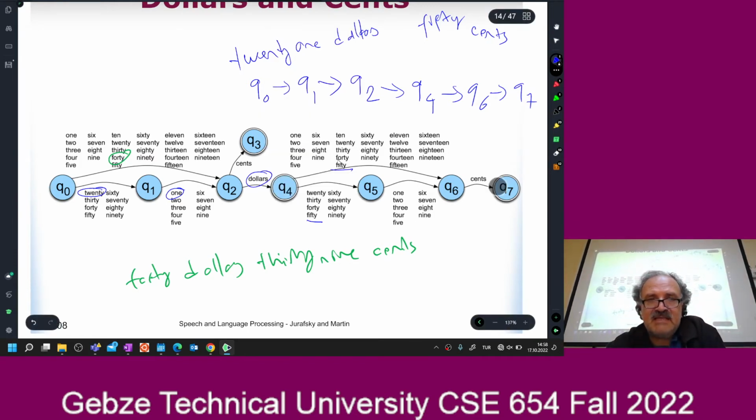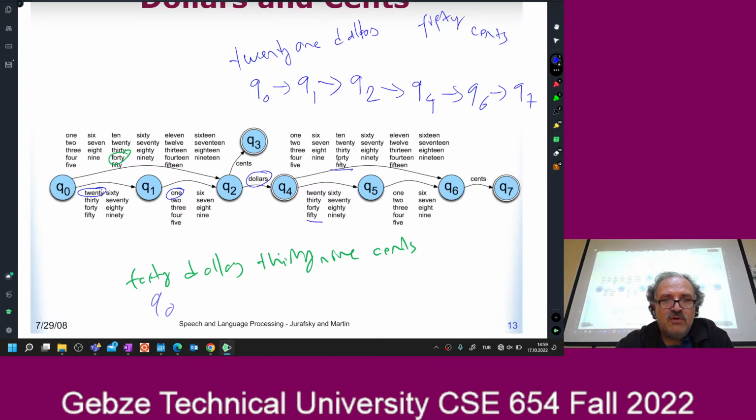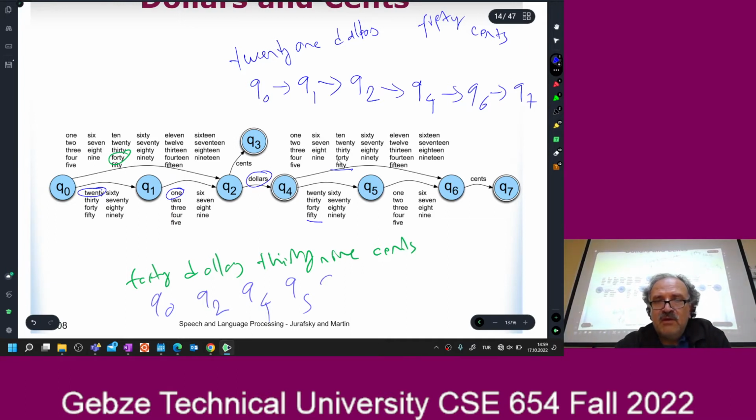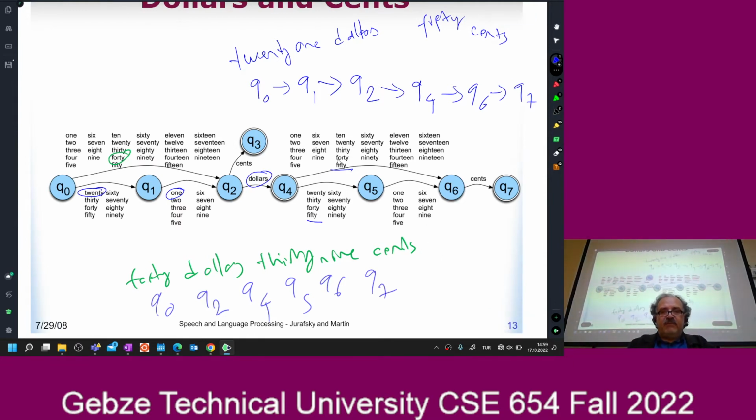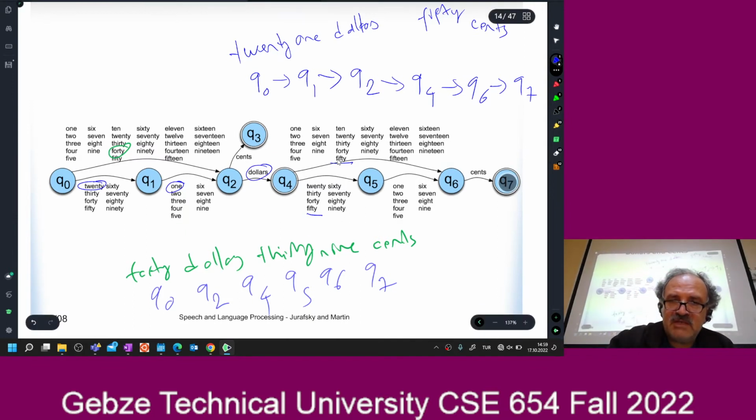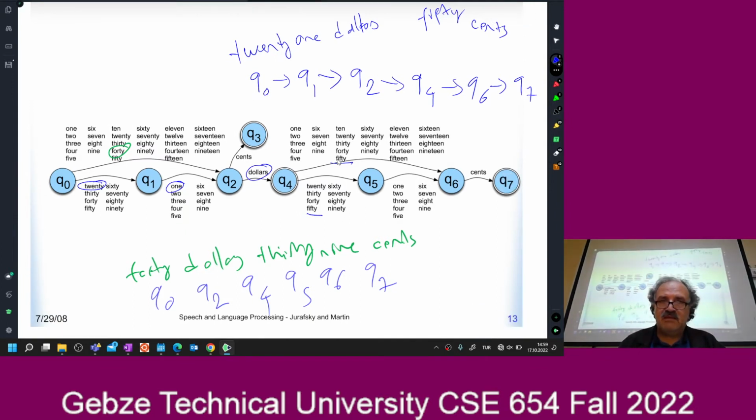39 cents. So it's going to be from Q0 to Q2, then Q4, then Q5, Q6, after 9 cents, Q7. My inputs are done. I finished my inputs, and I am at Q7, an accept state.